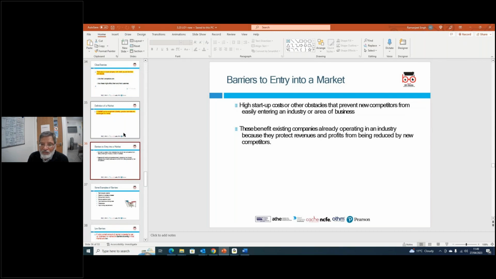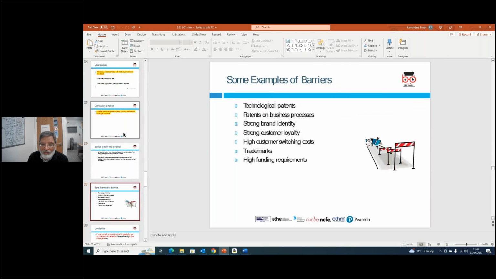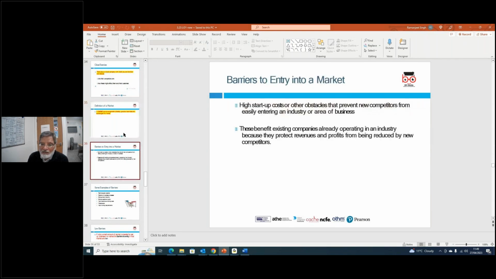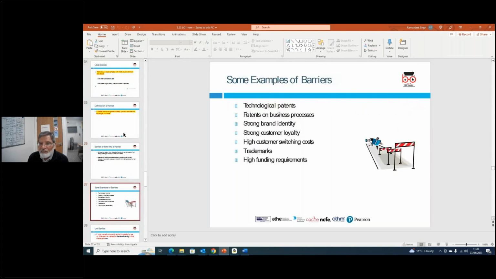Okay, so when we're talking about the market, we're talking about the market as a whole, whereby consumers and sellers are there to buy and sell goods and services, but there are entries and there are barriers to entry.